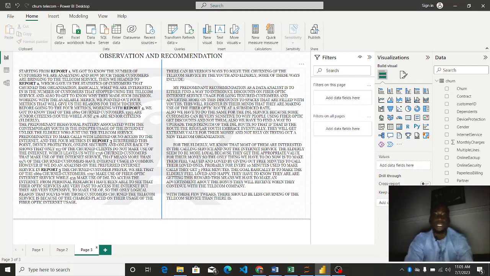This will register in their mind that they are paying less. They are paying a subsidized rate for what they love, for the fiber optic route they use in accessing the internet. So basically that's my own personal recommendation to the telecom service.